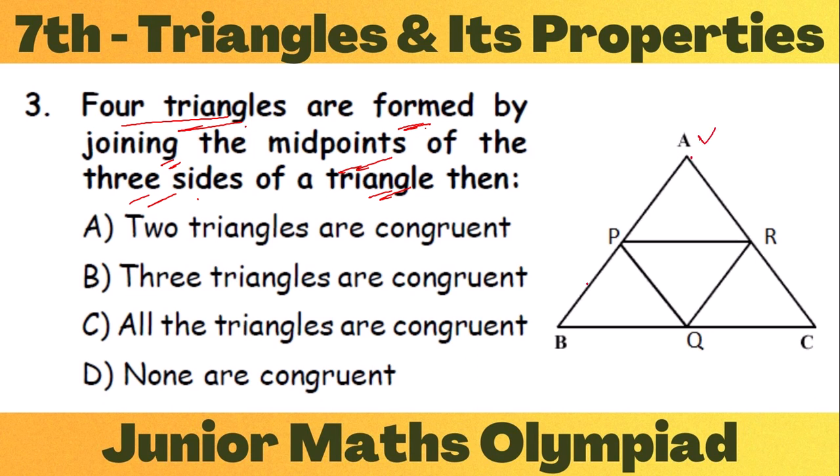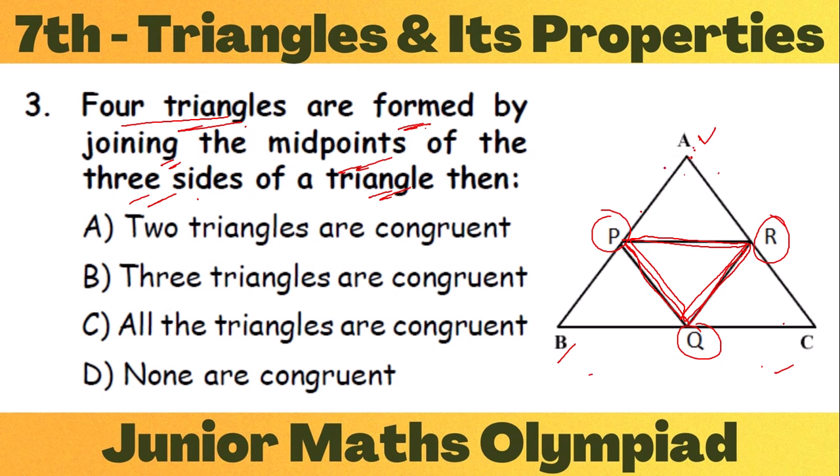In the same way, ABC is the first triangle, P is the midpoint of AB, Q is the midpoint of BC, R is the midpoint of AC. This triangle PQR will be equilateral. This we have already discussed. And this ABC is also equilateral. It is given in the question.